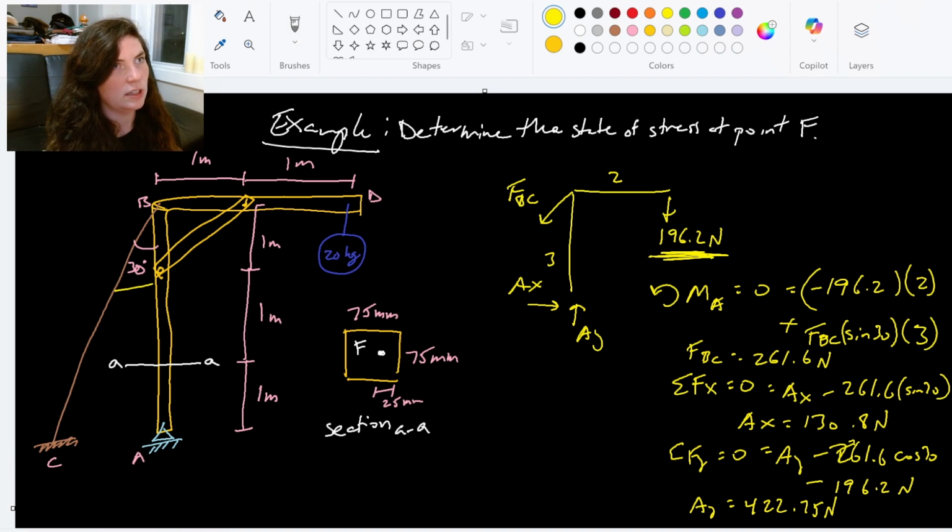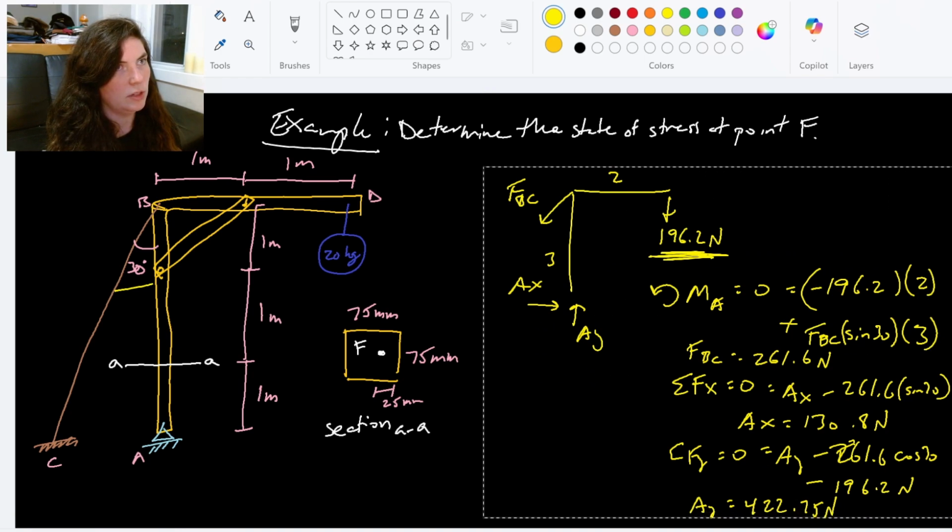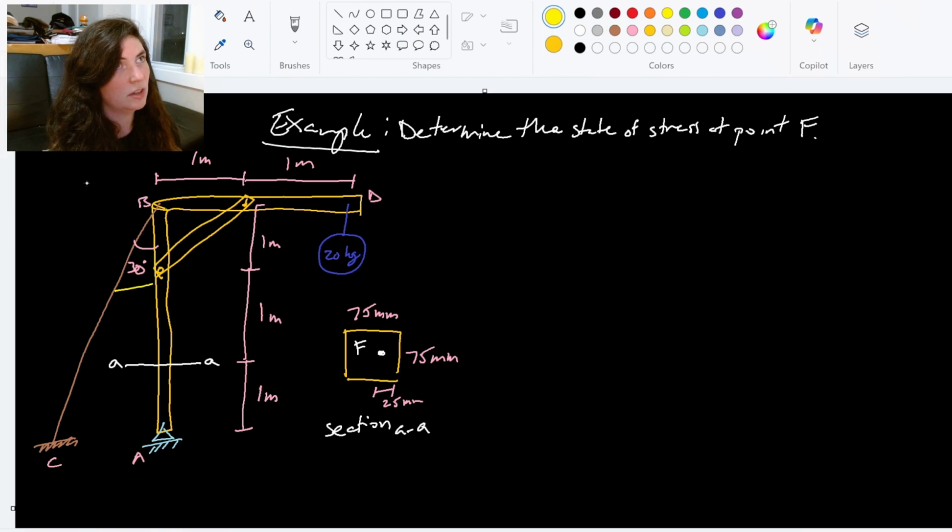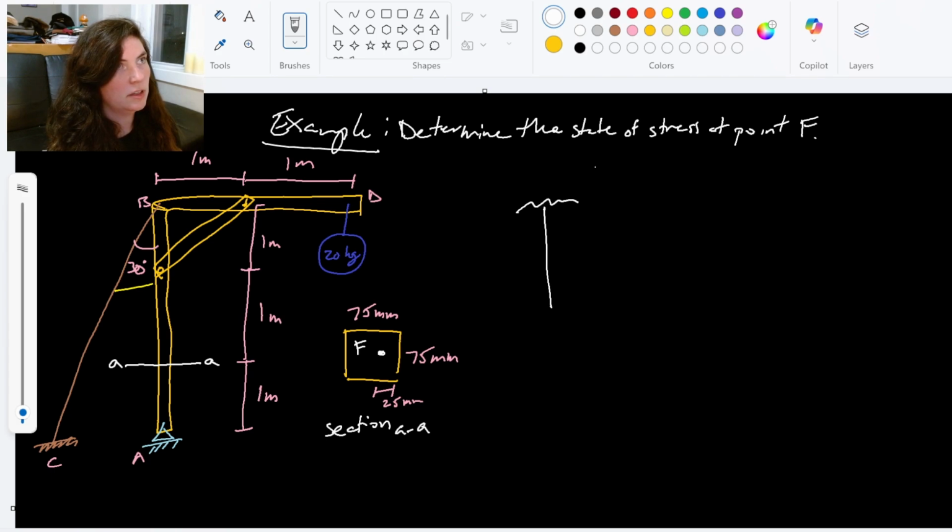So I'm actually just going to delete all of this. I'm going to write down these AX and AY values, but I don't need this for anything other than those AX and AY values, which I'm going to put in a new free body diagram where I'm cutting there at AA. Okay, so I'm going to take my cut there at AA. There's my 1 meter length.